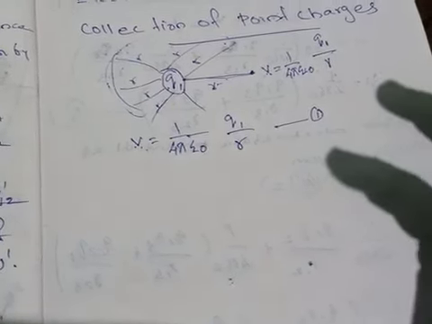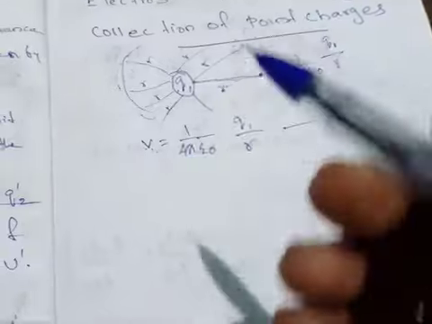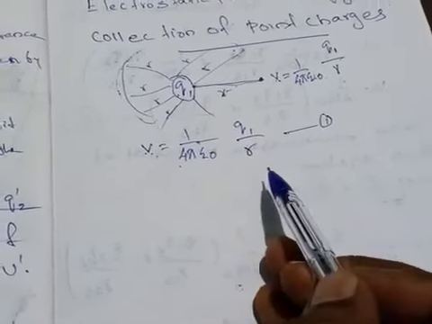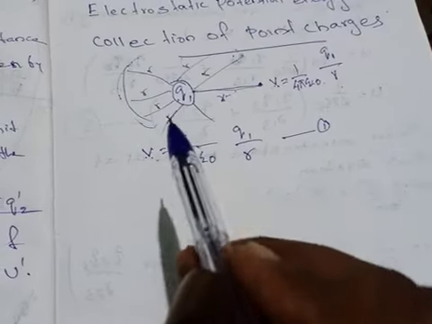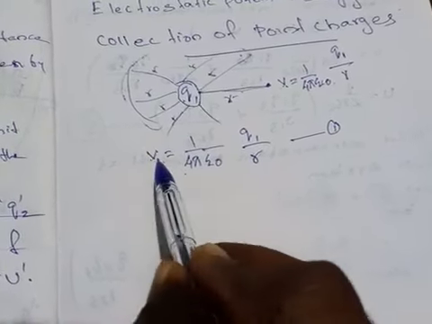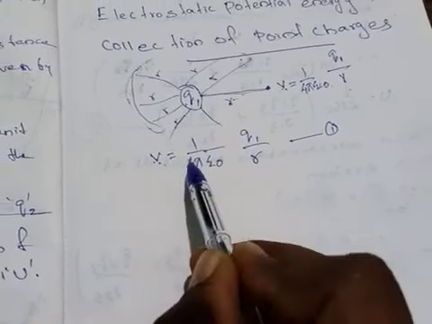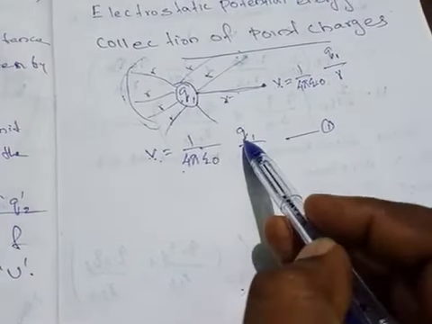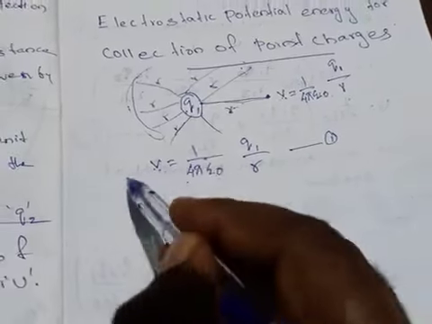That work done is equal to what? This potential V is equal to 1 by 4 pi epsilon 0 q1 by r. So this potential V is the work done for bringing this unit charge q1 from infinity to one point.